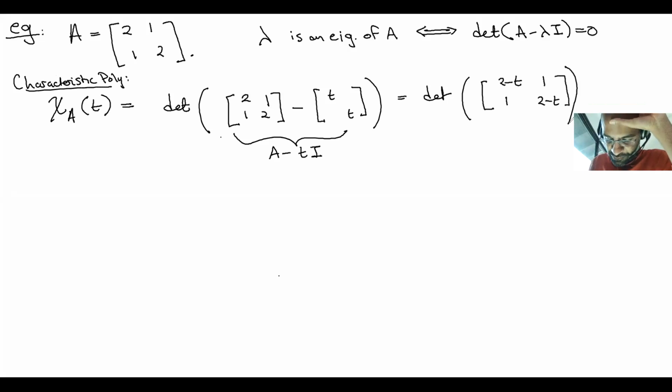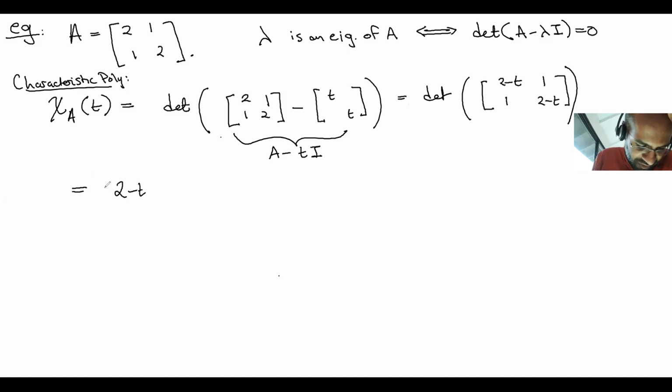And now this is a bit of a twist. So you're used to calculating determinants of matrices that have numbers in them, right? But now you have a determinant of a matrix that has variables in it. But the same rule applies. The same definition applies. And the useful definition in this case is the recursive definition. For 2 by 2 anyway, it's easy.